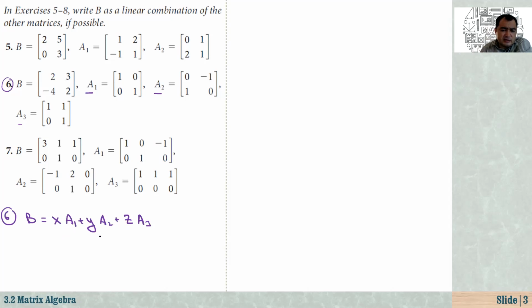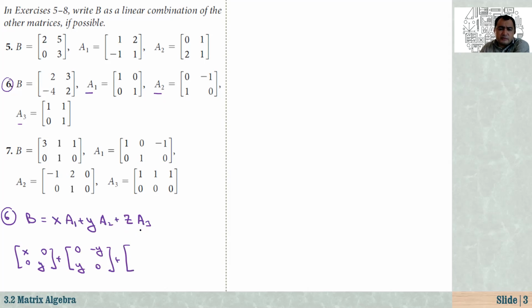You will see that it is again like solving a system of equations, because to answer this question we end up with a system of equations, and we know how to solve systems of linear equations. So x times A1: A1 is the identity matrix, so here we have x 0, 0, x, plus y times A2, which gives 0, negative y, y, 0.